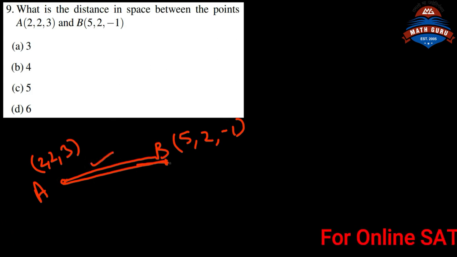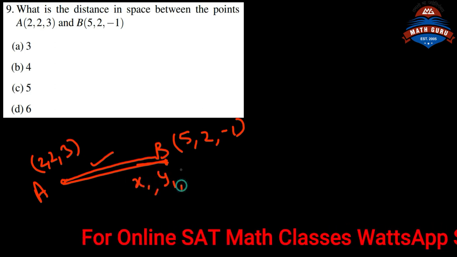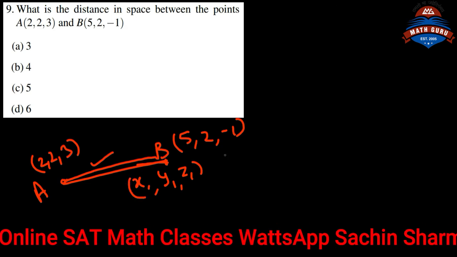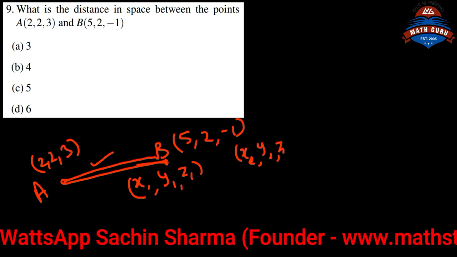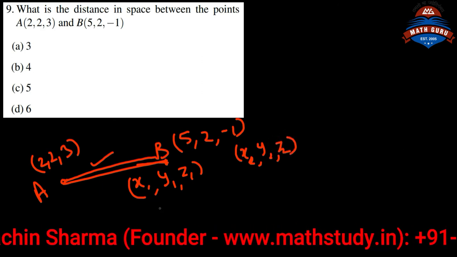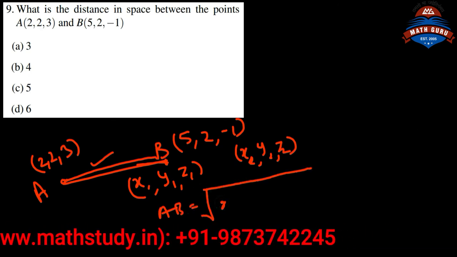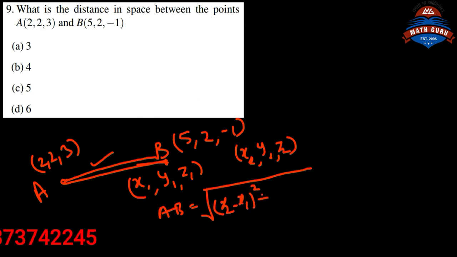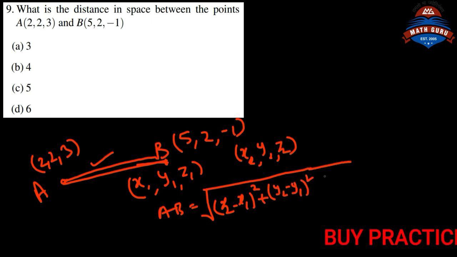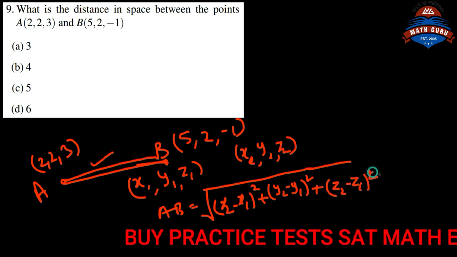Now we know the formula. If we have 2 points, x1, y1, z1 and x2, y2, z2, then the distance between AB is given by root over (x2 minus x1) whole square plus (y2 minus y1) whole square plus (z2 minus z1) whole square.